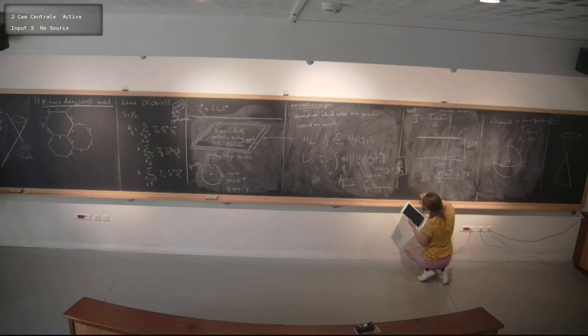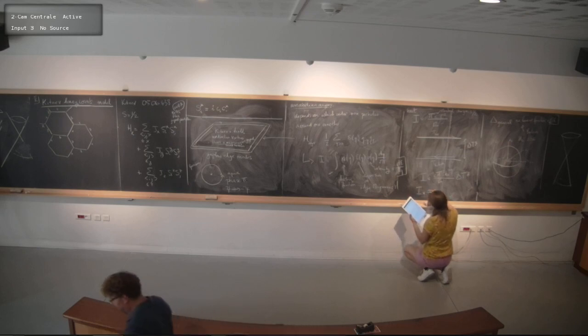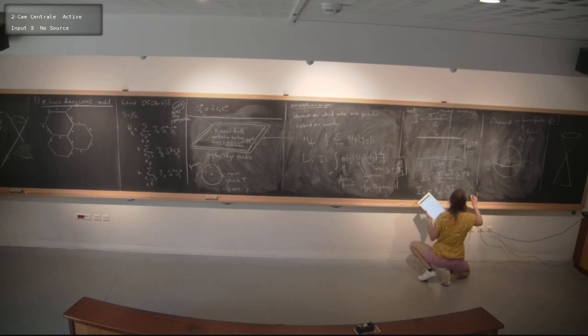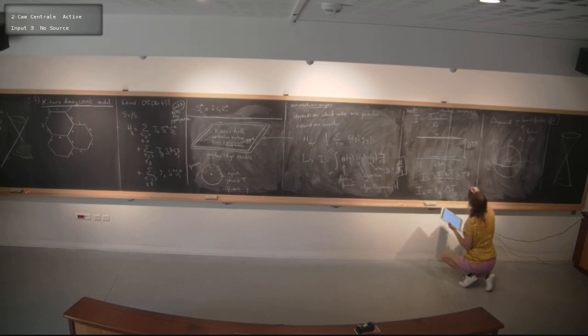Since you have a current H_x, by definition it should be the Hall conductivity times the temperature difference in the y direction. That's just Fourier's law: the current is minus the thermal conductivity kappa times the thermal gradient.